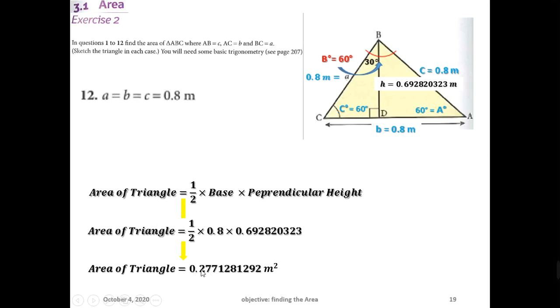So 2 is your first figure, 7 is your second, this 7 is your third. Stop at this 7. Look at the right. 1 is not going to bring my 7 up. So the final answer is 0.277 meter squared. And this is the area of this triangle.